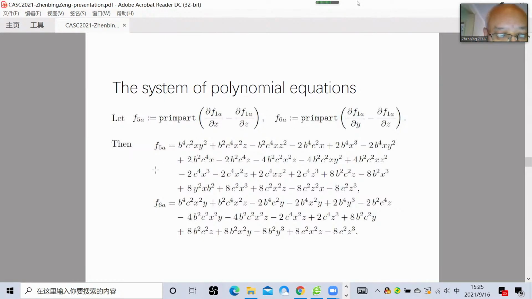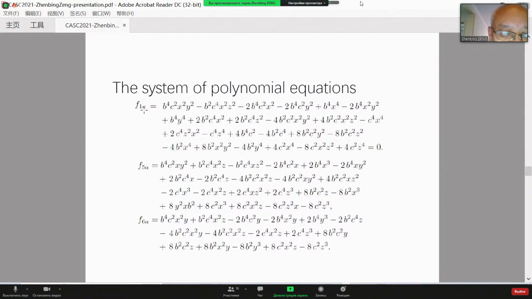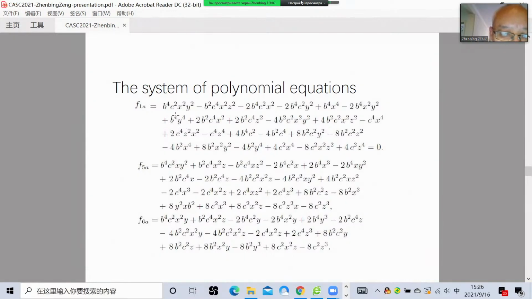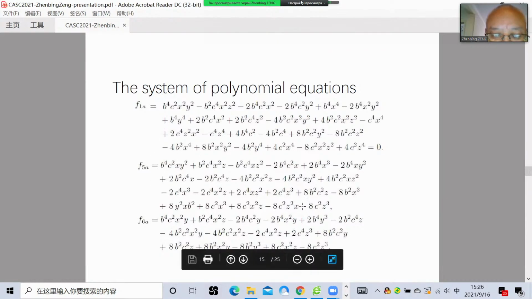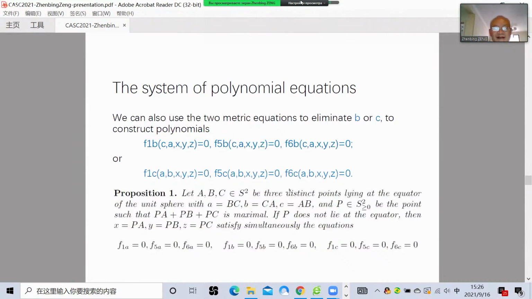Then we get this F5a, F6a for solving the nonlinear programming problem. These are the three, F1a, F5a, F6a. If we can solve x, y, z from these three equations, then we will get the result of our problem. So we go to the next page.